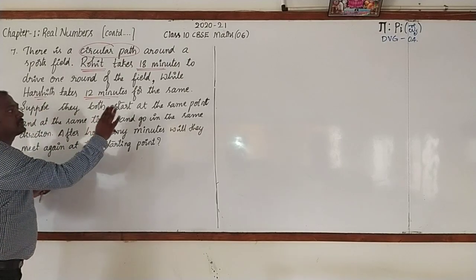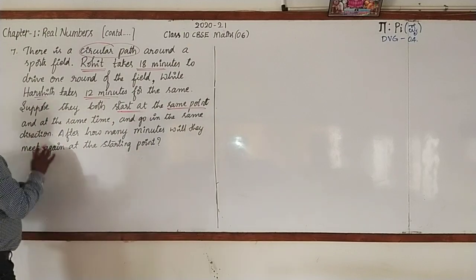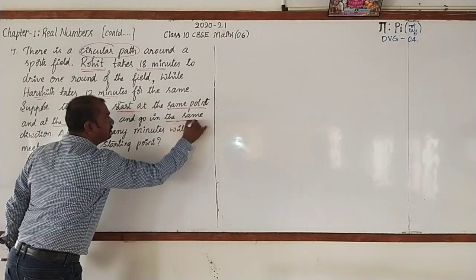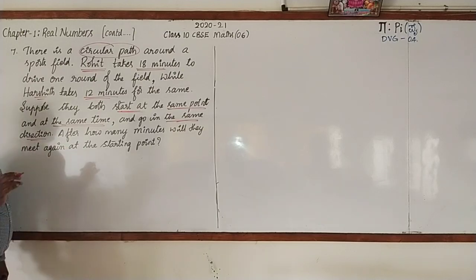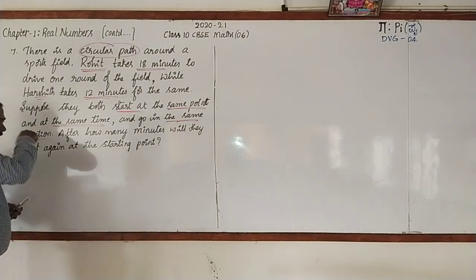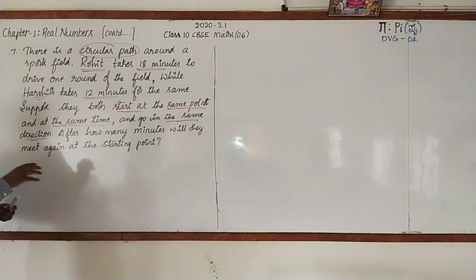Suppose they both start at the same point and at the same time and go in the same direction. Got it? If this information is there, then we are going to find out after how many minutes they will meet again at the starting point. I hope you all have understood this.